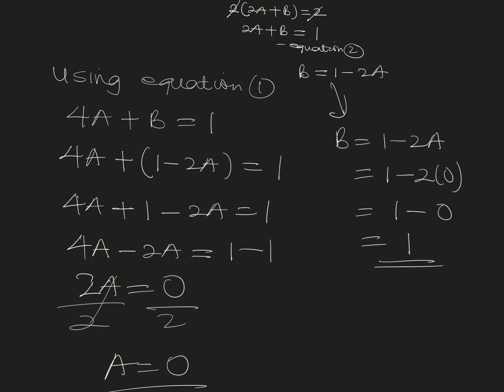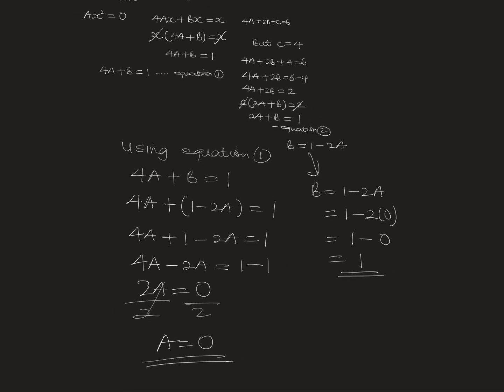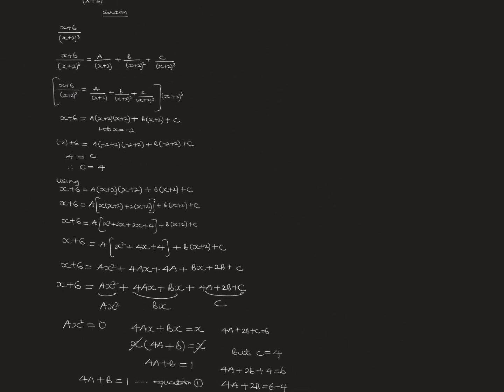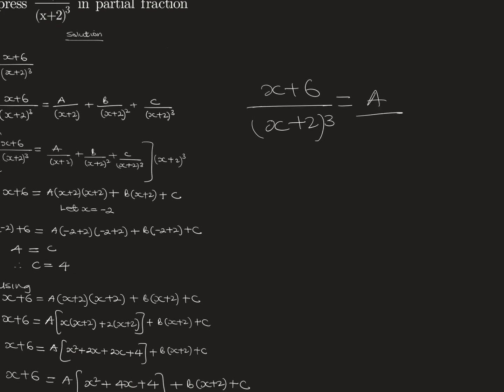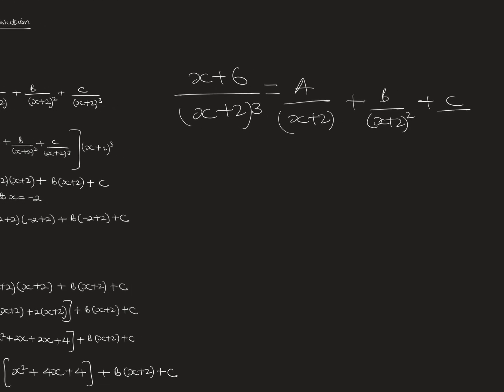You see that? So going back to the equation where we said x plus 6 all over x plus 2 to the power 3 is equal to a all over x plus 2 plus b all over x plus 2 squared plus c all over x plus 2 to the power 3. So a is 0, so 0 divided by anything will be 0.